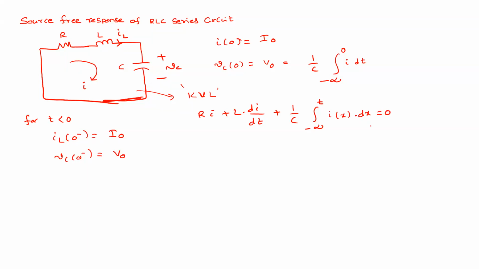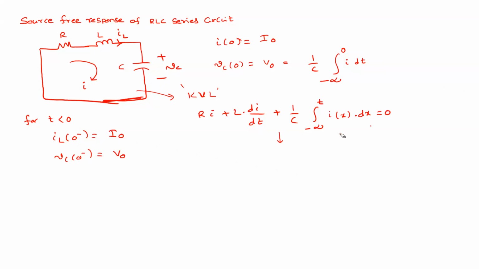Our objective is to find out the response of current I for some particular time t. So what is the next step? How to solve these kinds of equations? Laplace transform? No, we'll use Laplace at a later point of time, right? So how to approach this? On one side you have a derivative, on the other side you have an integration, right?